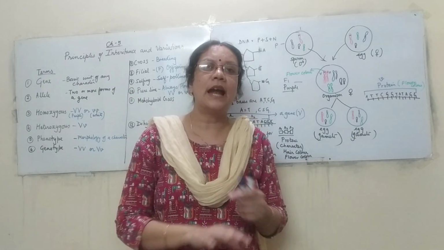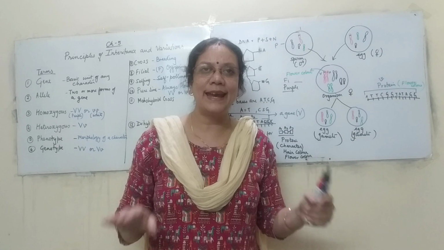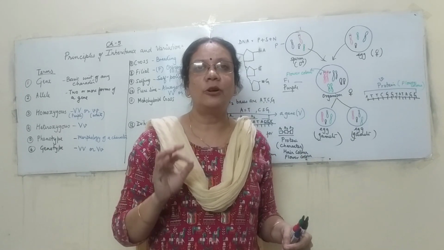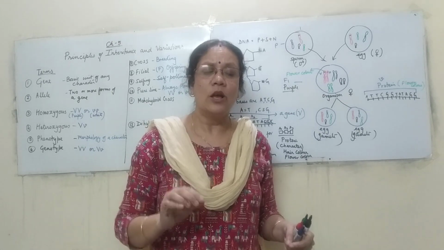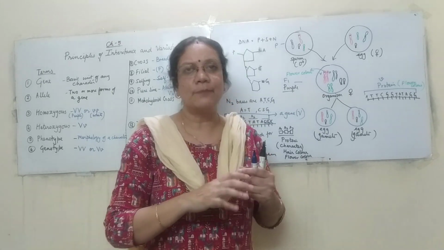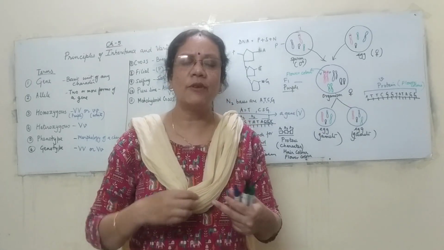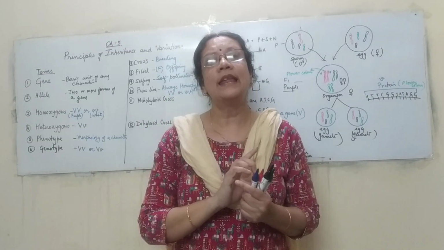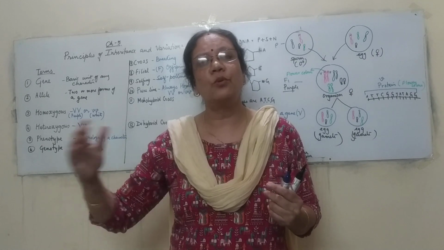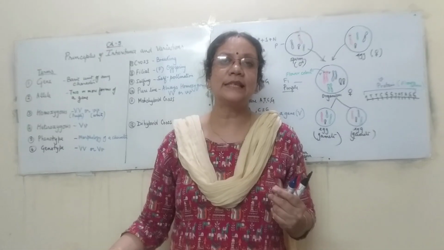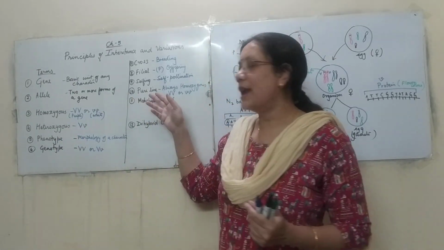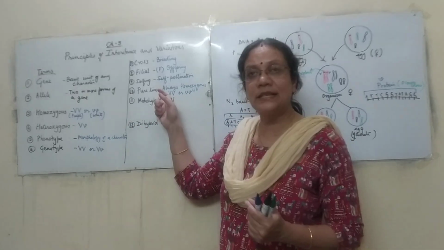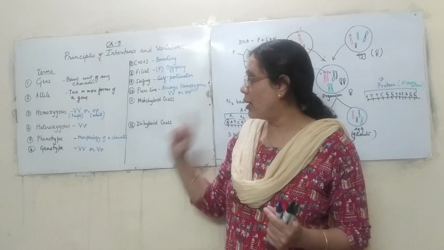If we see that all the plants that we are getting are tall, then only we can say that we have obtained a pure line. If suppose in the 4th generation or in the 5th generation we get even one dwarf, then we have to keep on doing more until and unless we get a pure line. That means a homozygous condition, homozygous recessive or homozygous dominant.